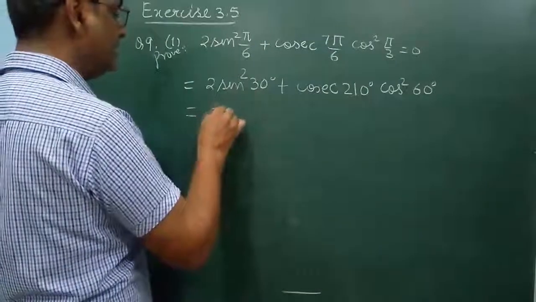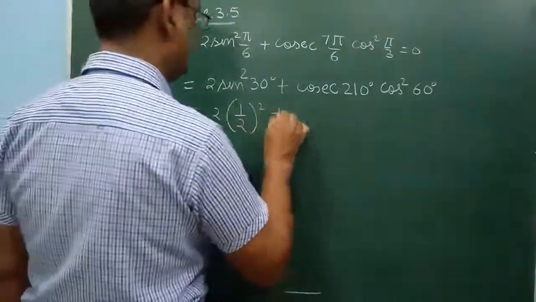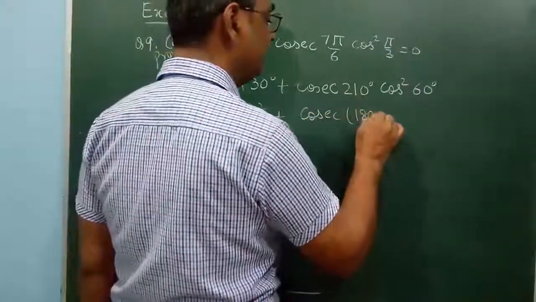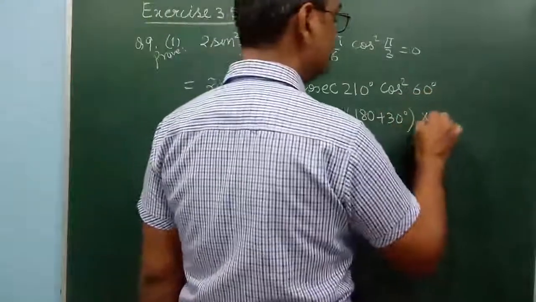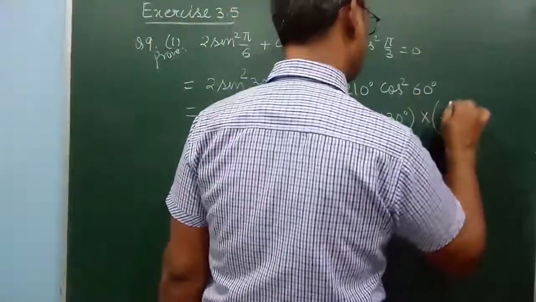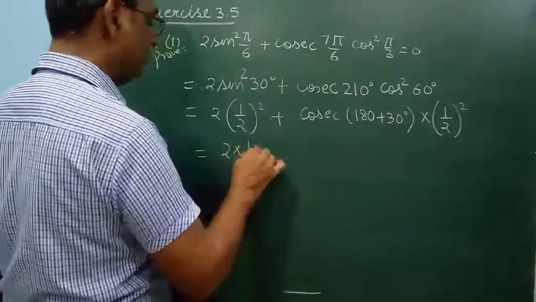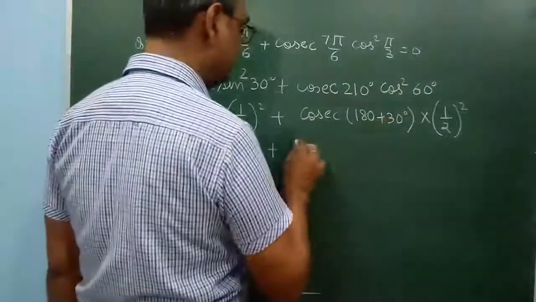Sin square is, we know, 1 by 2 whole square plus cosec, it will be 180 plus 30, cos square 1 by 2 whole square, cos 60 is 1 by 2. So 2 into 1 by 4 plus this is cosec 180 plus 30.